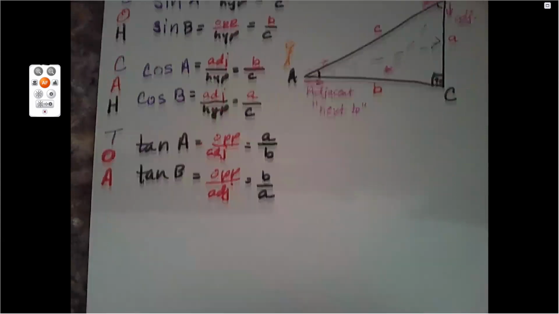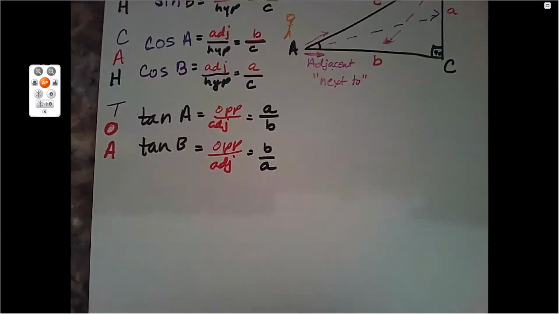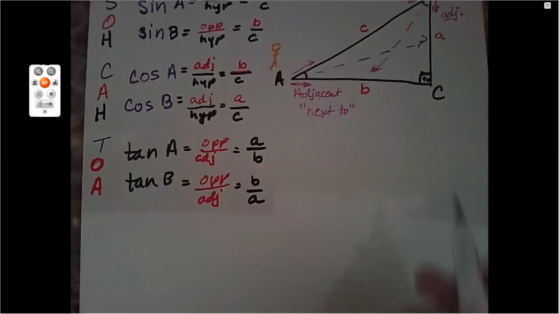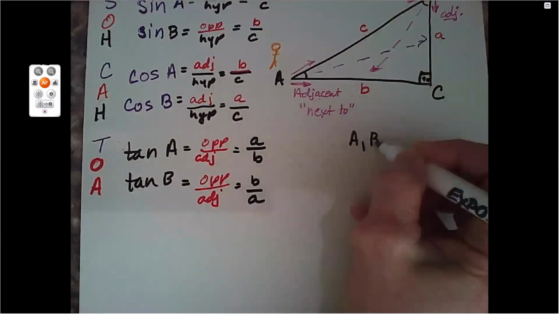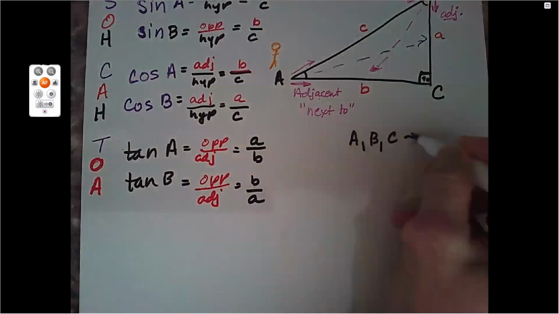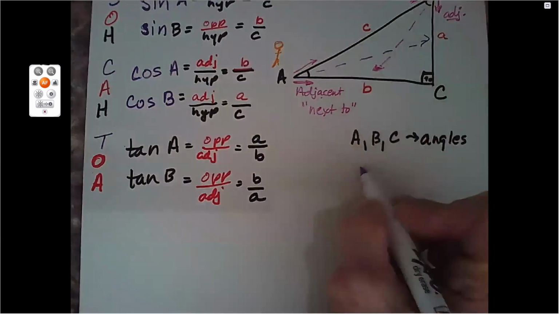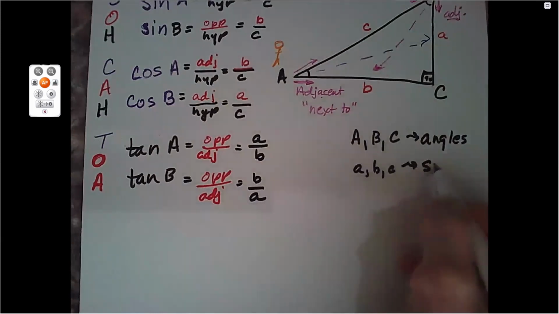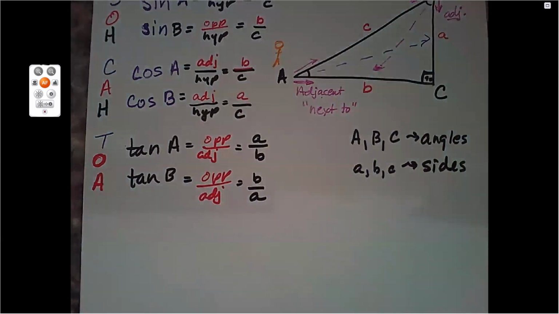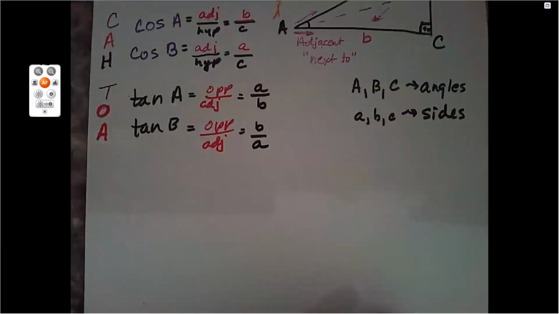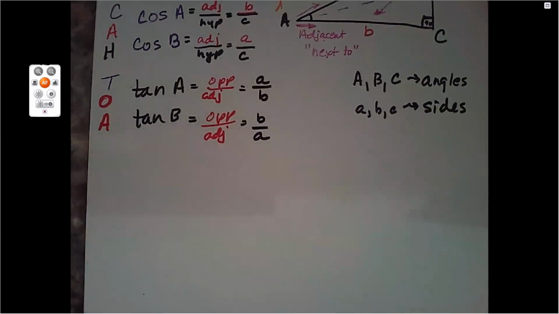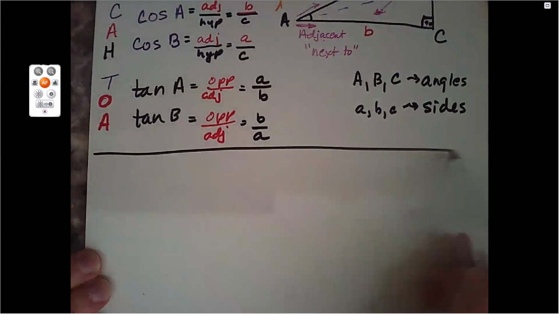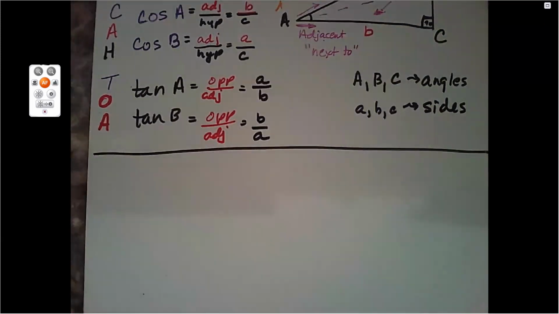All right, so the last thing we need in our toolbox, I'm also going to write under here, A, B, and C are angles. Little a, little b, and little c are sides. Okay? The last piece of the puzzle that we need to really be able to use these trig functions effectively, I'm going to put down here on the bottom, and this is the reverse of any of the trig functions.